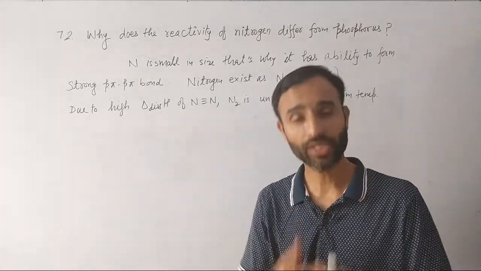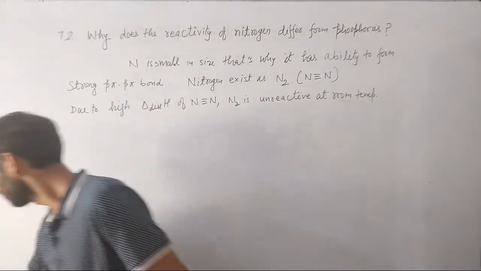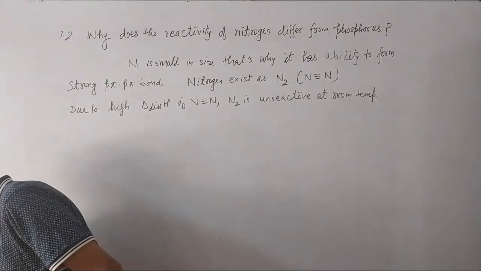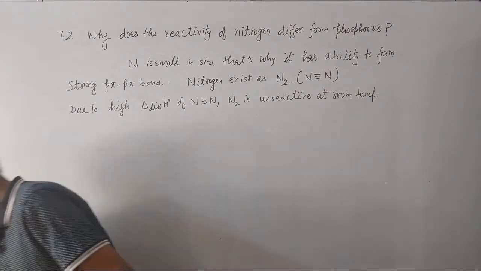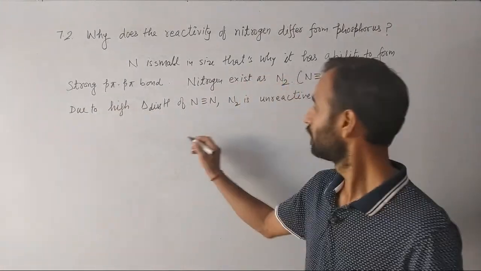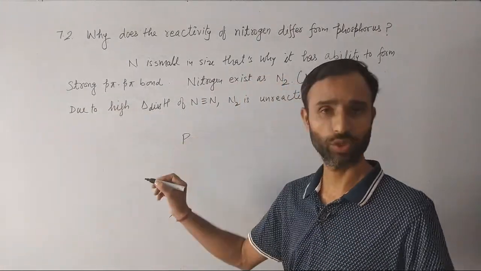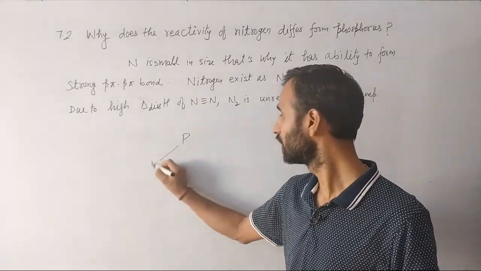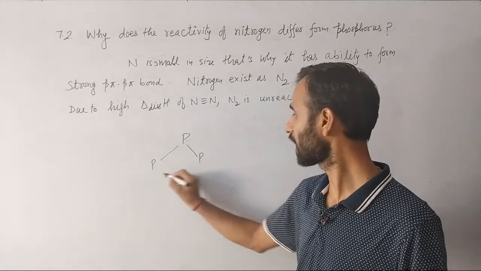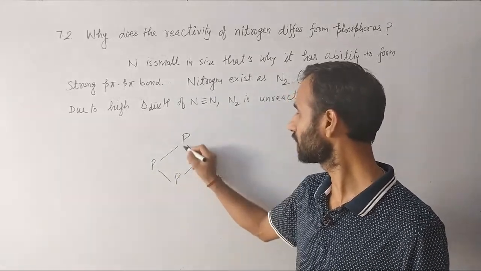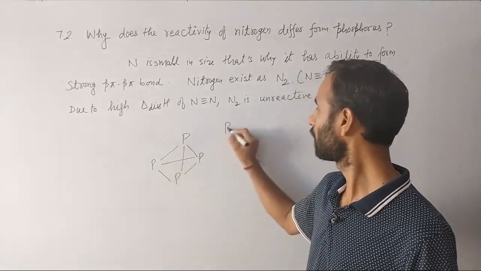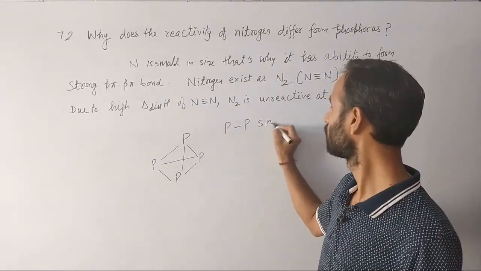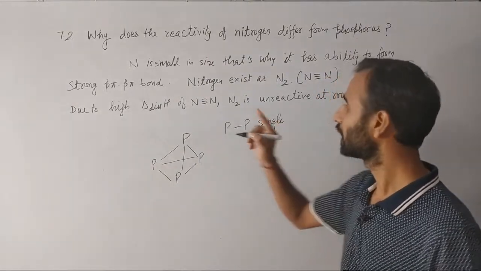But in case of phosphorus, whether it is yellow or white phosphorus or even red phosphorus, it exists as P4. It means there are P-P single bonds.